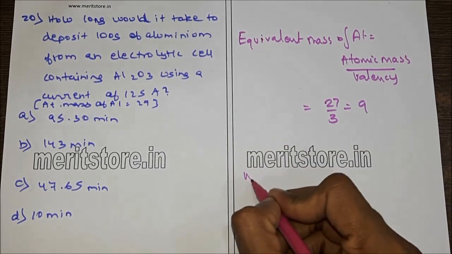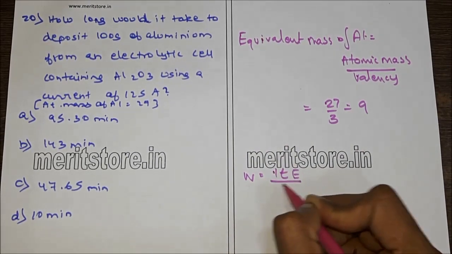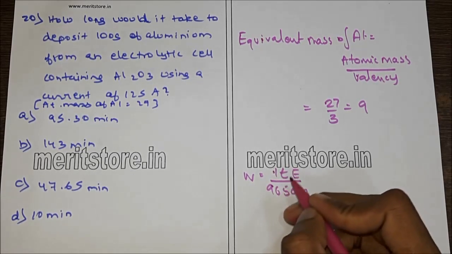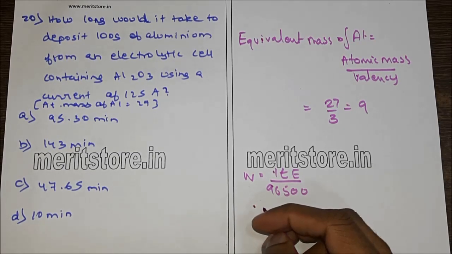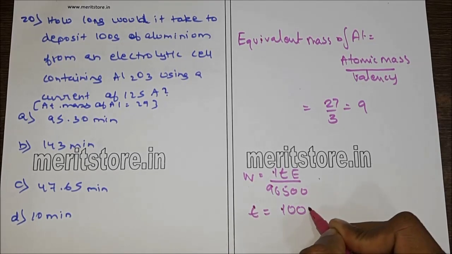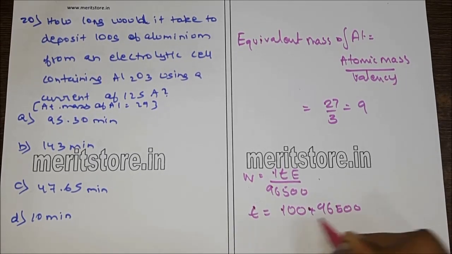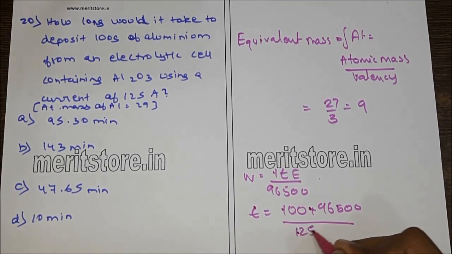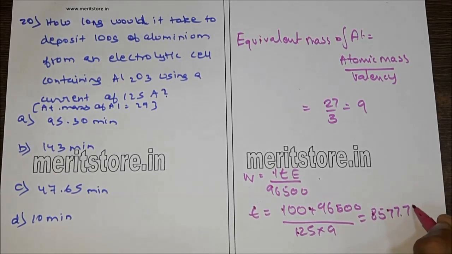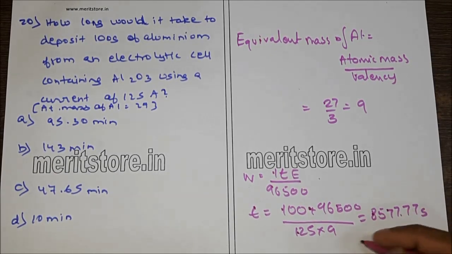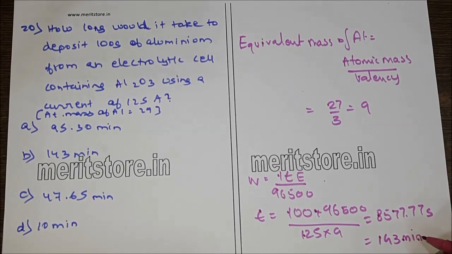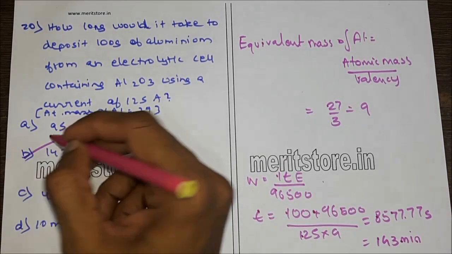Therefore, we have W = I × t × E / 96500. We solve for t. We get t = 100 × 96500 / (125 × 9), which is equal to 8577 seconds, which is equal to 143 minutes, so our answer matches option B. Therefore, option B is the correct answer.